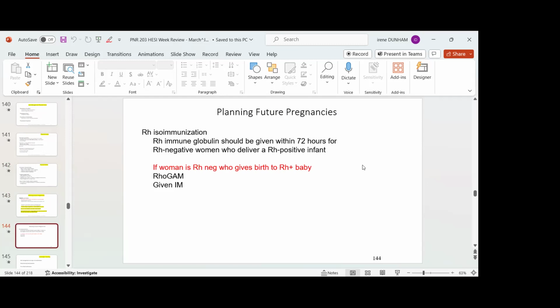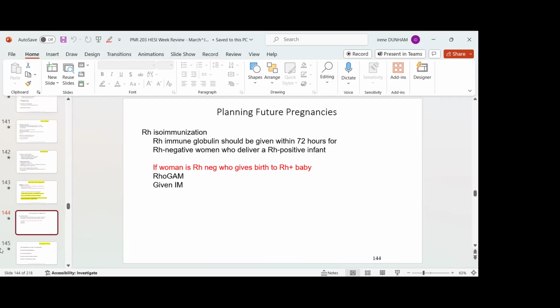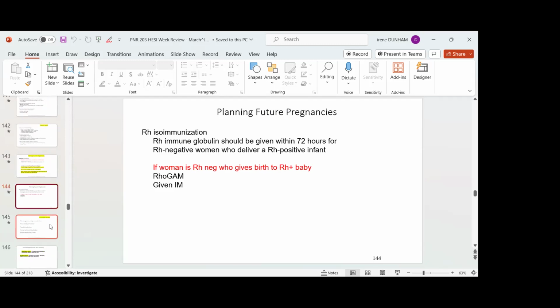Rh negative and Rh positive don't mix very well. The Rh negative mom produces antibodies, and if Rh positive cells come across, the antibodies will eat up all those beautiful baby's erythrocytes and cause the baby to be very anemic. That's never good. So remember, if she's Rh negative, she will get RhoGAM.